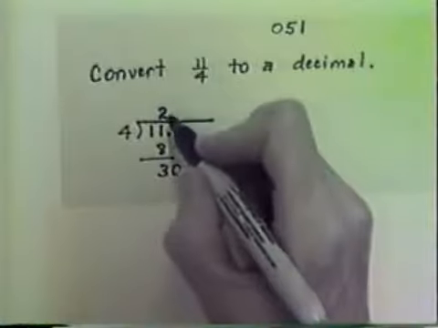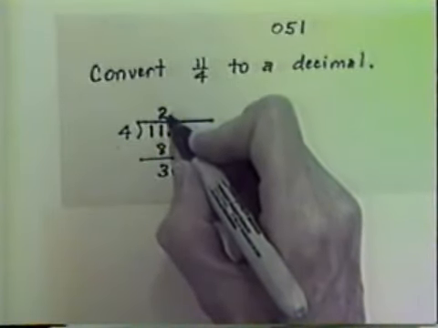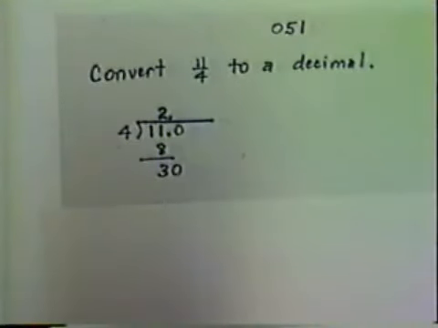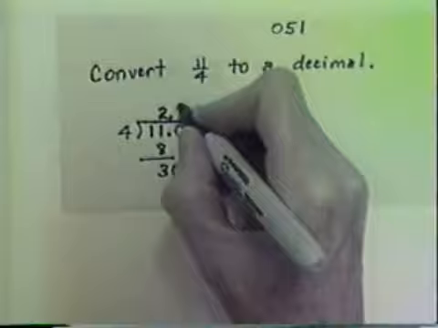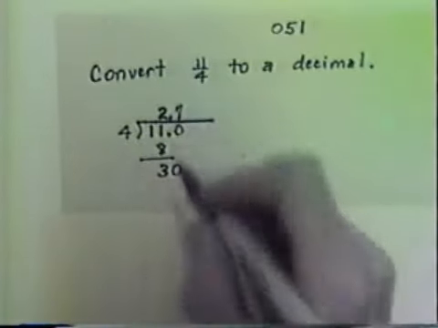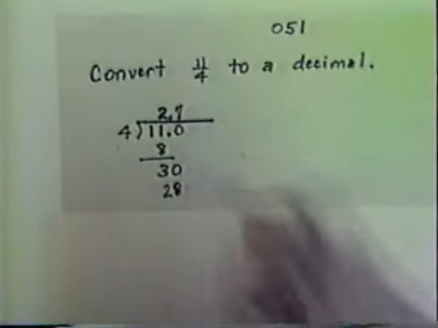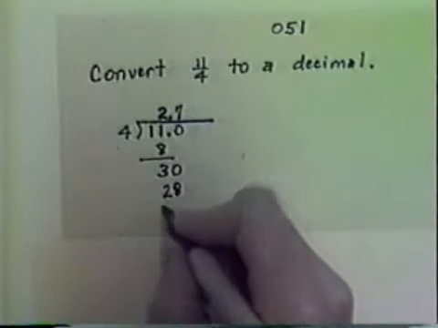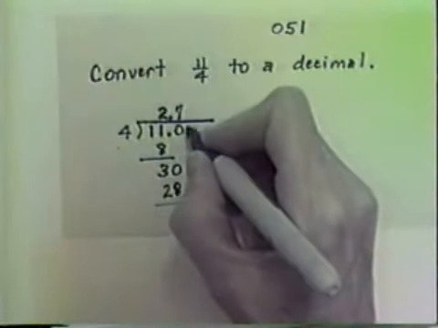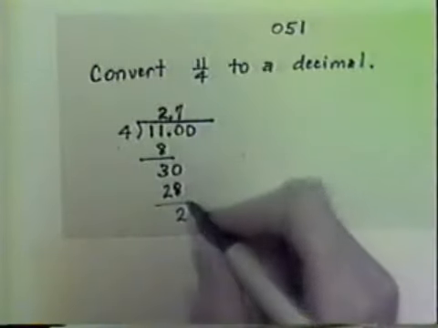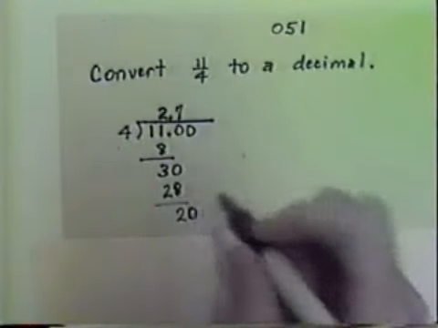In the quotient, the answer, the decimal point goes directly above its present location, and we continue dividing. 4 divides into 30 7 times. 7 times 4 is 28. We subtract and get 2, and another 0 affixed to the dividend lets us bring down 0.